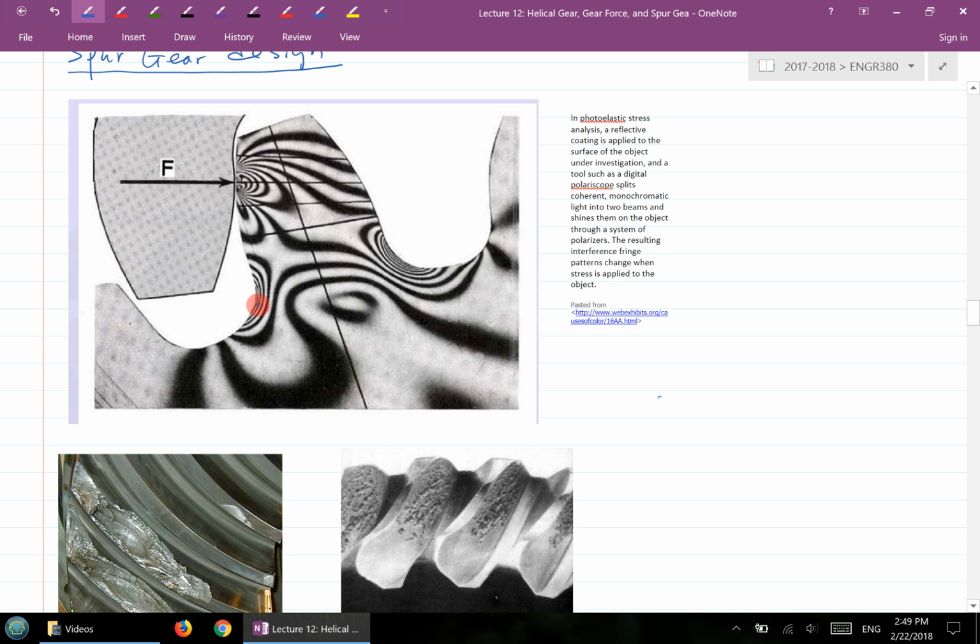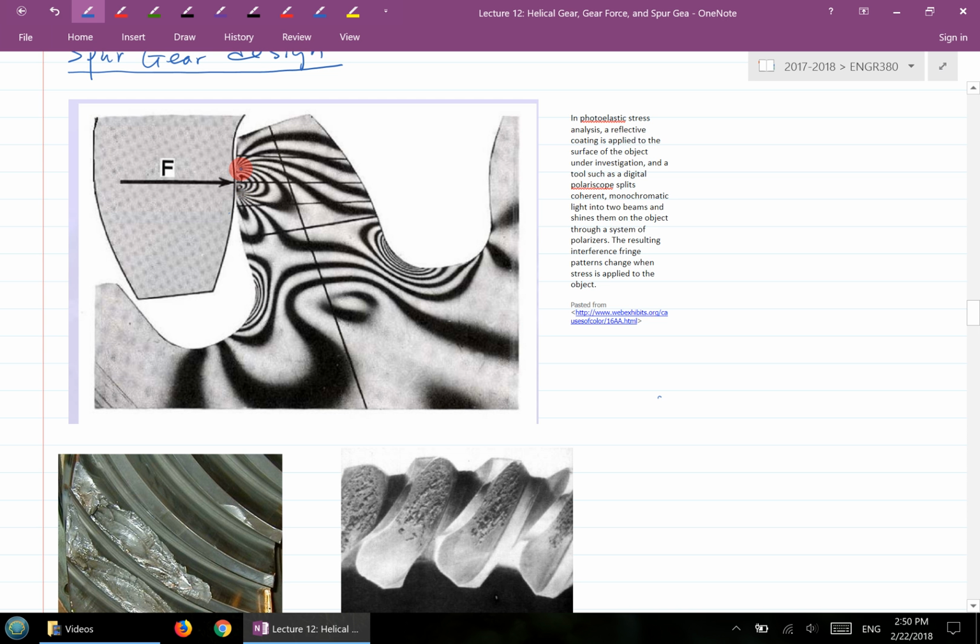This is kind of easy to understand because we can formulate a gear tooth as some sort of a beam. When you have a force applied at one end of the beam, the maximum stress will happen at the root location of the beam. And this one here is at the surface location.